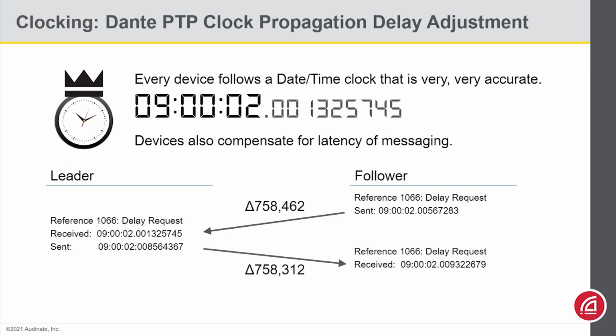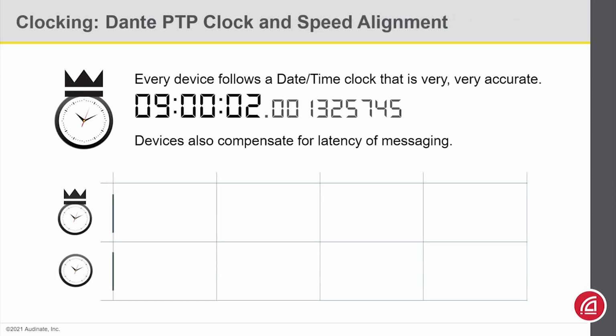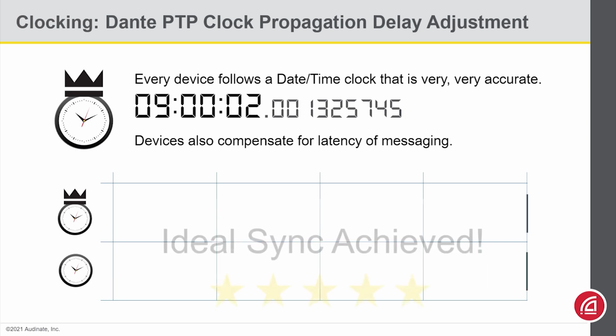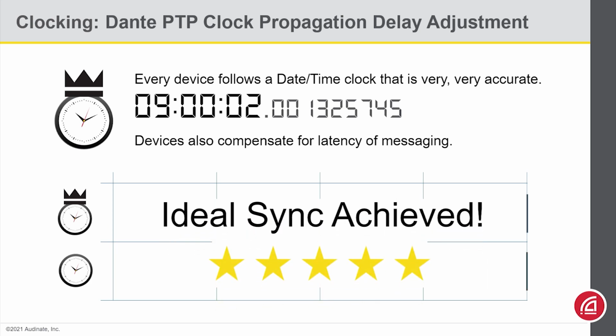By comparing these stamps, we can figure out how much time it takes for the messages to get across the network, and we can adjust our clock accordingly. Without these follower messages, the followers would always be a bit behind the clock leader. But with the addition of the follow-up messages, we can ensure our clock leaders and followers will reflect the same time with sub-microsecond accuracy. And with that, it's time for a summary.